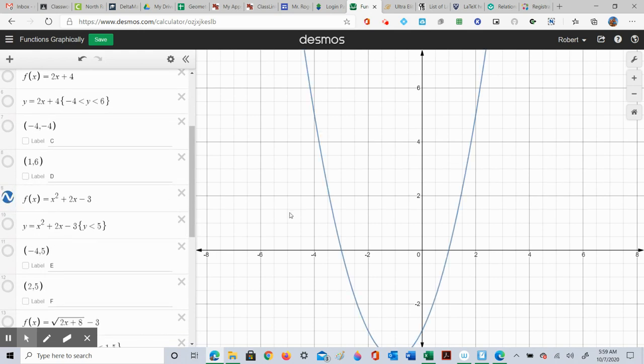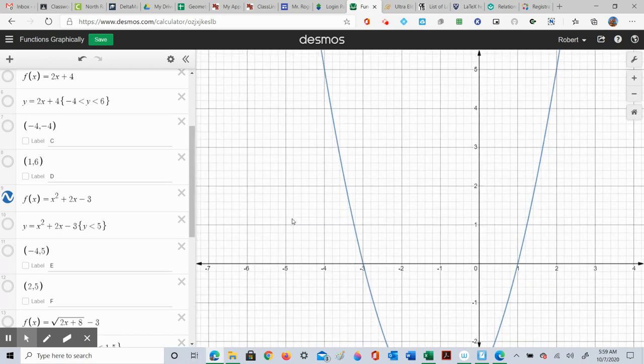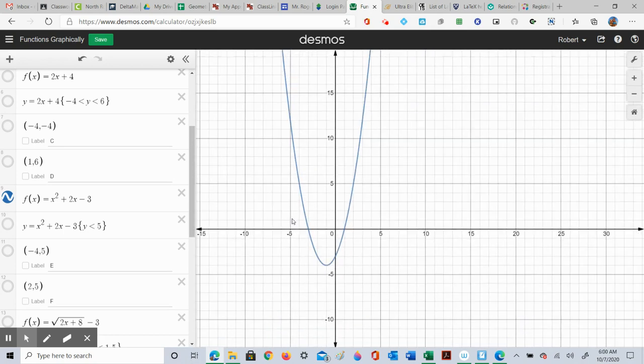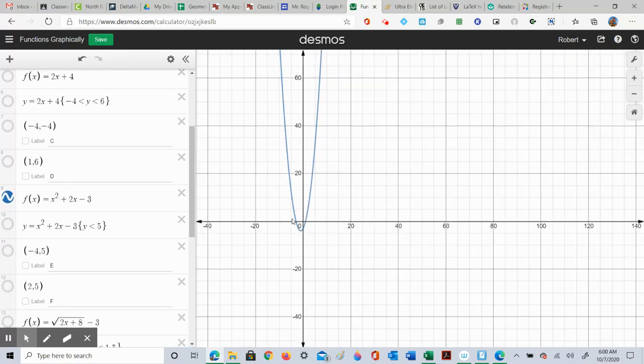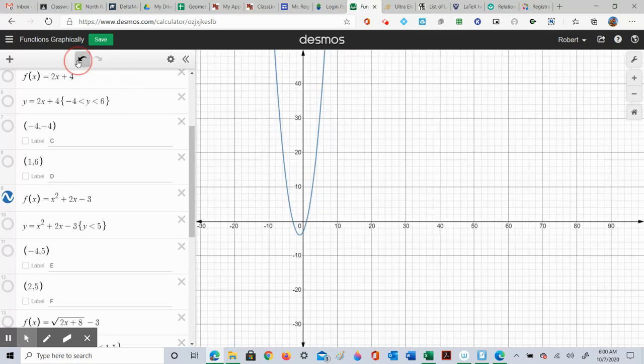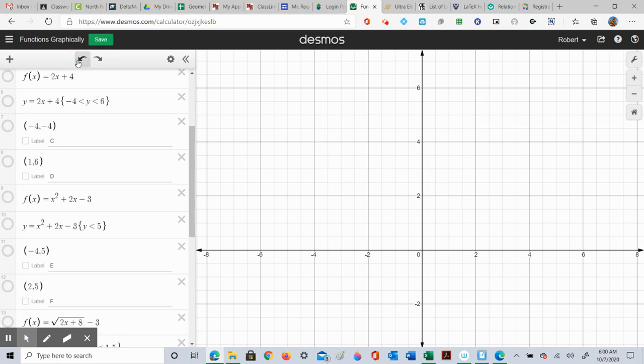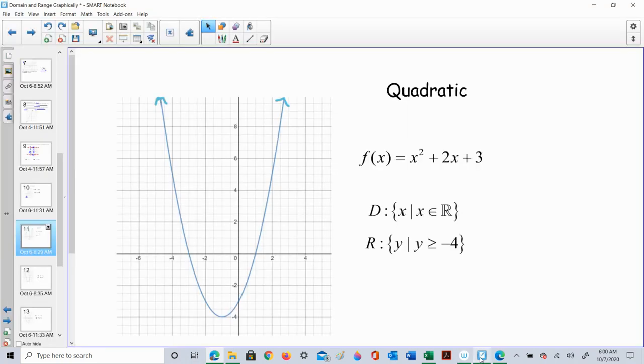I can zoom in, I can zoom out infinitely. I'm still going to have numbers for x as far as I'd like to go. So the domain is going to be all real numbers.